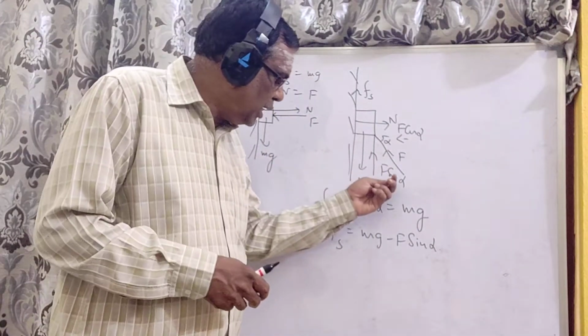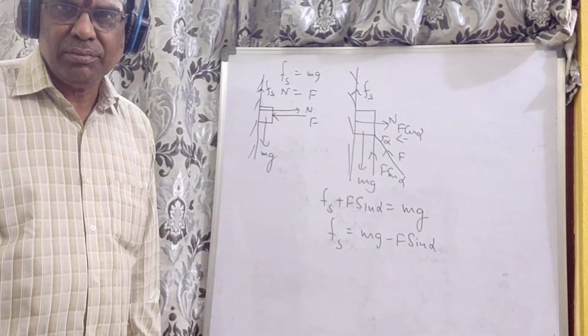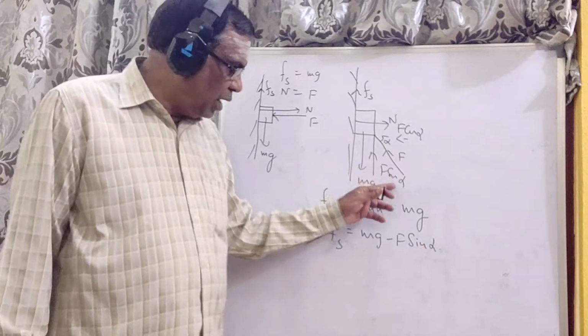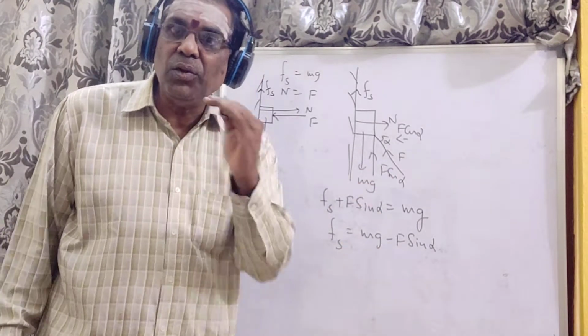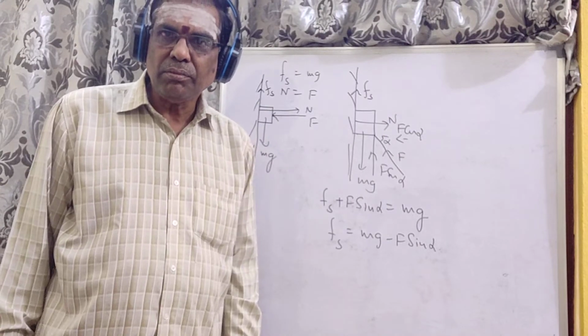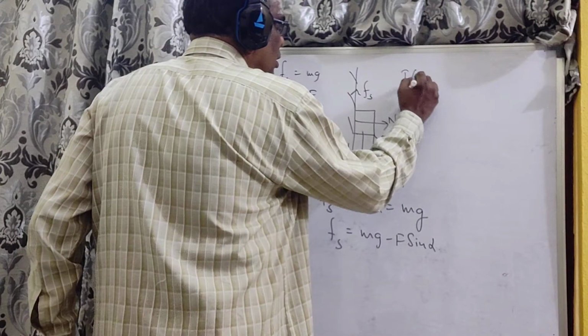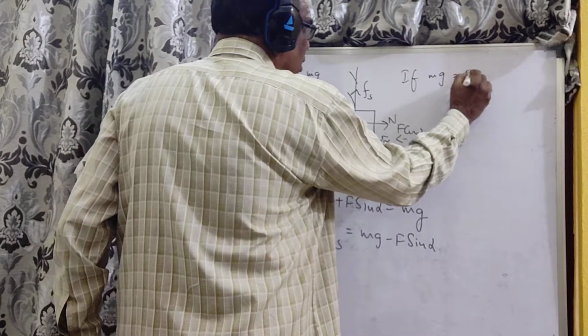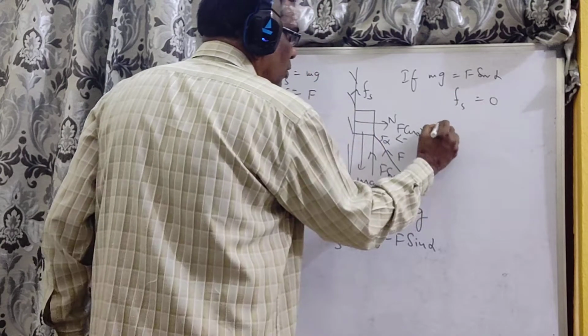Now, if F sin alpha is equal to mg, be careful. Then Fs is 0. So if mg is F sin alpha, Fs is 0.